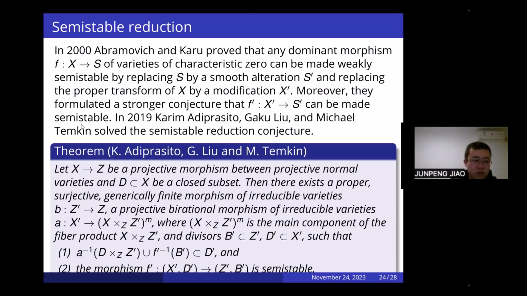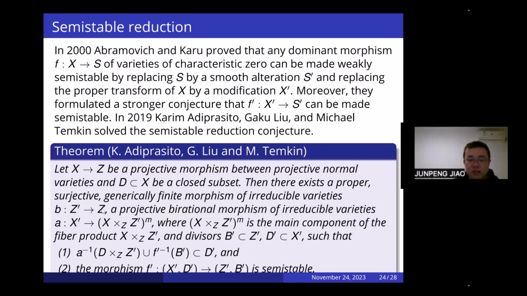And in 2019, Karu, Adiprasito, Liu, and Temkin solved the semi-stable reduction conjecture. So this is their result. Let X to Z be a projective morphism between projective normal varieties, and D a closed subset.